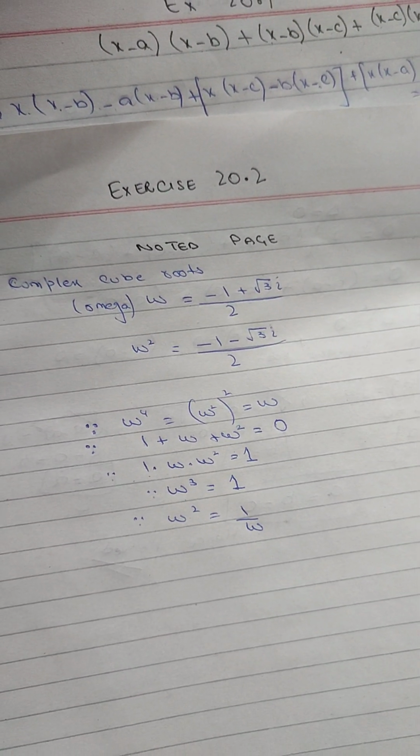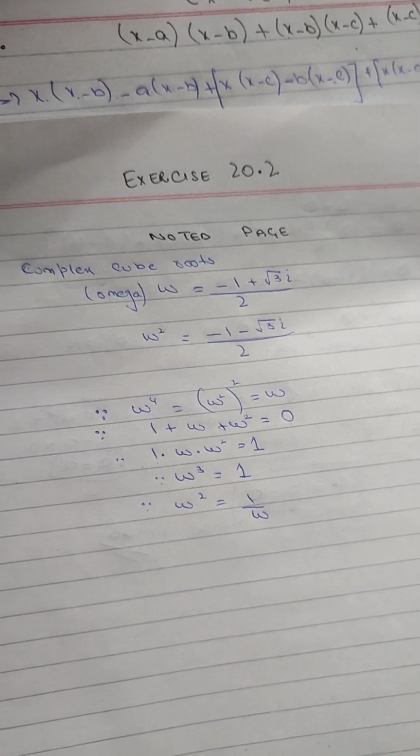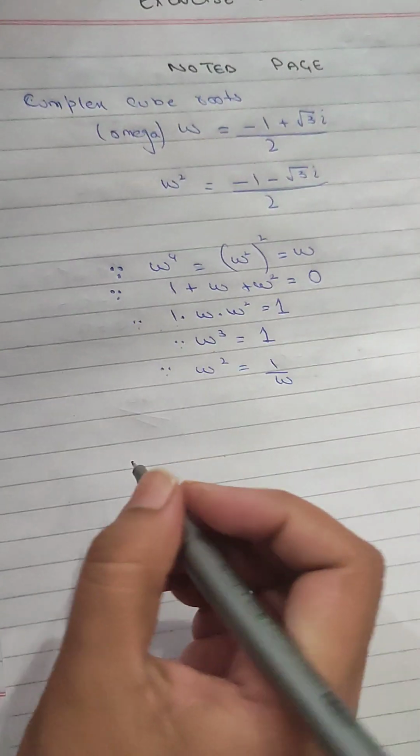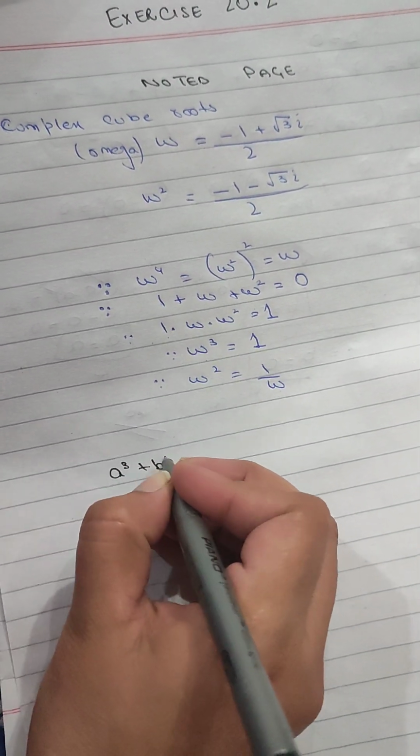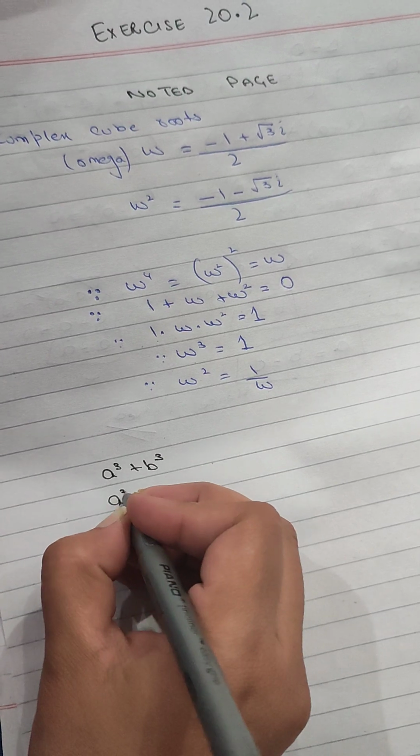Now two formulas we are going to use in exercise 20.2 are a cube plus b cube and a cube minus b cube.